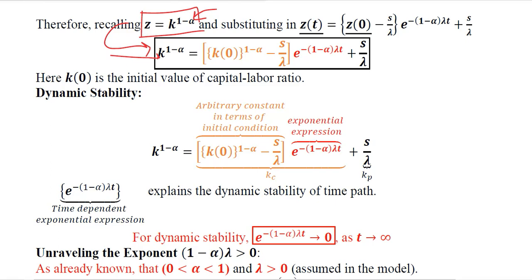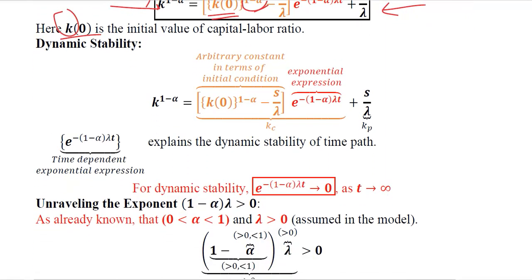And on the other side z naught will be replaced with k naught, and definitely the power 1 minus alpha will appear here. And now we get this form of the solution, which is in terms of k, and k naught is the initial condition.